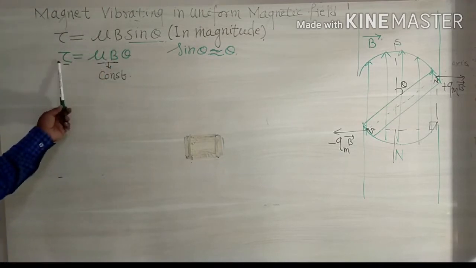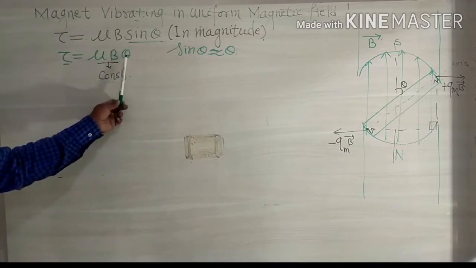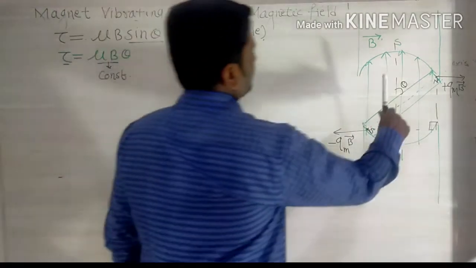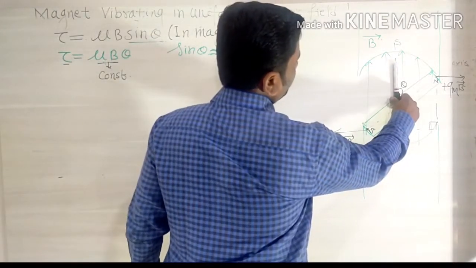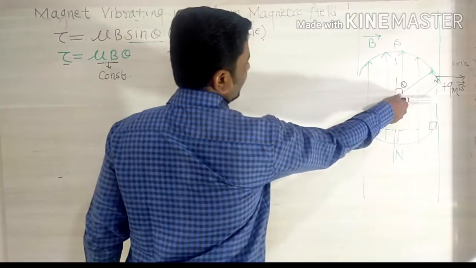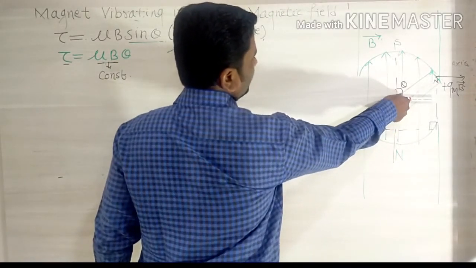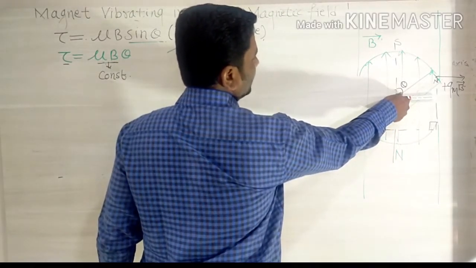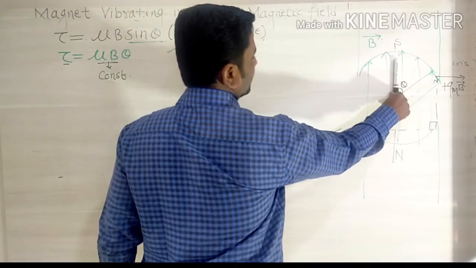Now we see the relationship between torque and angular displacement. If the angular displacement is in a clockwise direction like this, then the restoring torque acts in an anti-clockwise direction.